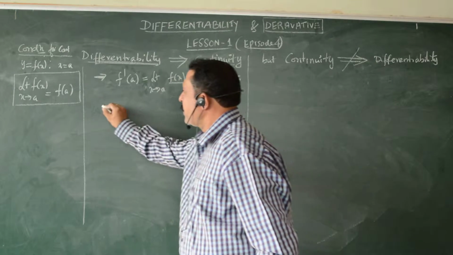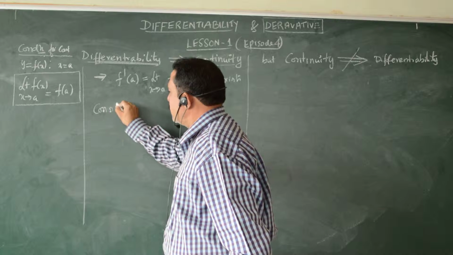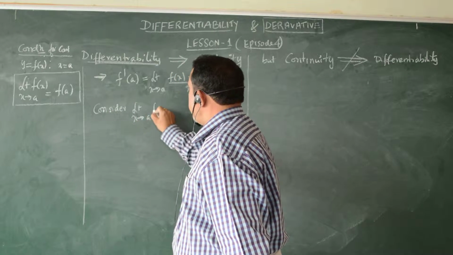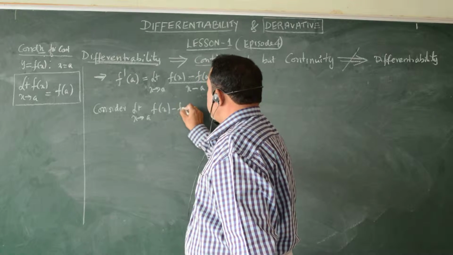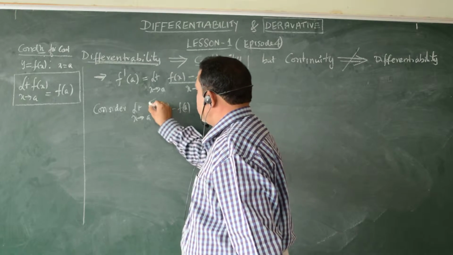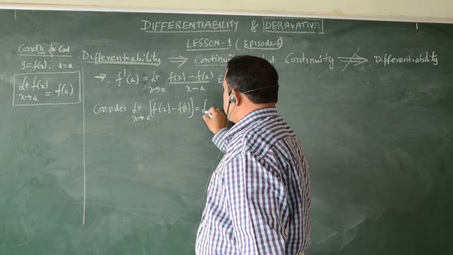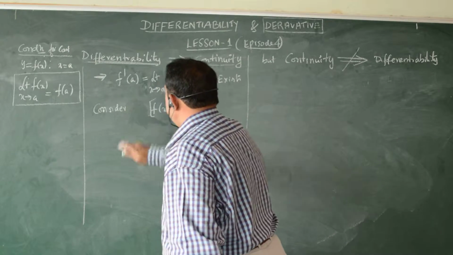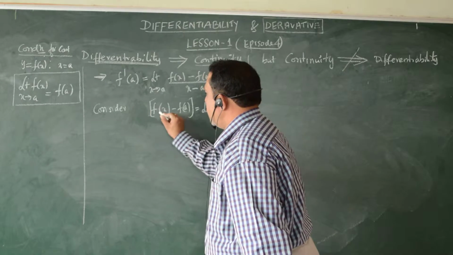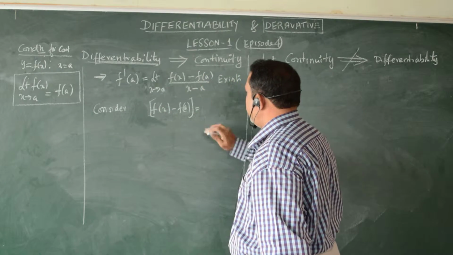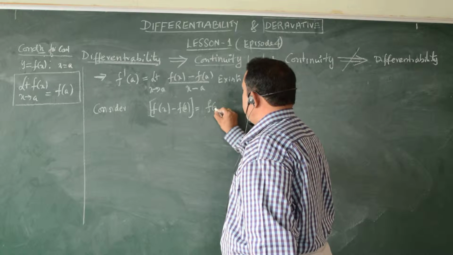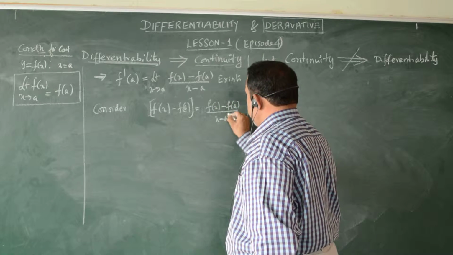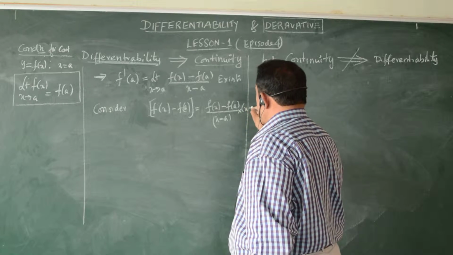Okay, now consider f of x minus f of a. Let me not write the limit in the first step. This can be written as f of x minus f of a divided by x minus a, into x minus a.